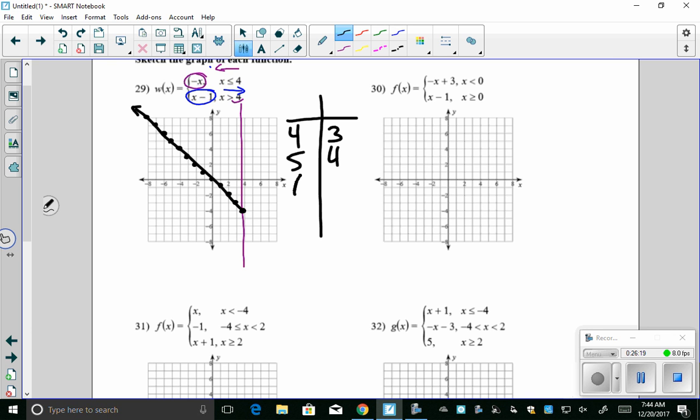Plug in 6. 6 minus 1 is 5. An open circle at 4, 3. And then do 5, 4. 6, 5. 7 minus 1 is 6. So 7, 6. There's another pattern. So my graph is going to look something like that.